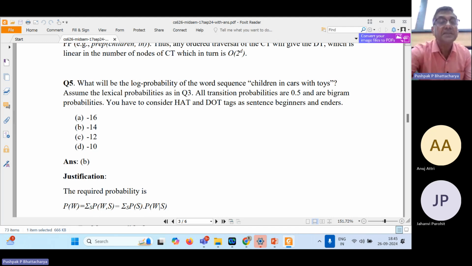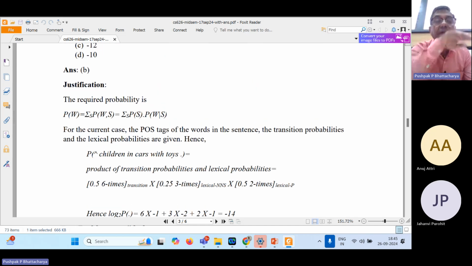So then the part of speech tags. For the current case, the tags of the words in the sentence, the transition probabilities and the lexical probabilities are given. So the probability of hat, children in cars with toys, is the product of transition probabilities and lexical probabilities. So this is 0.5 to the power 6, because from hat you will go to children with 0.5, children to in 0.5, in to cars 0.5, and so on. So there are six 0.5 transition probabilities.